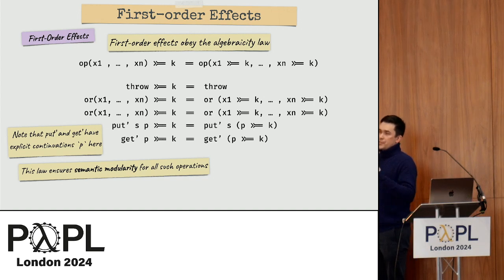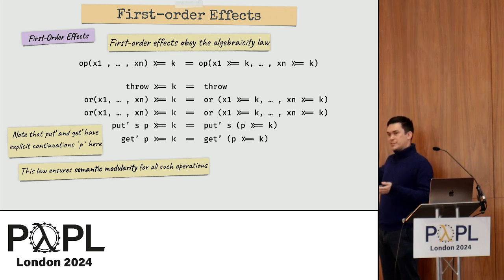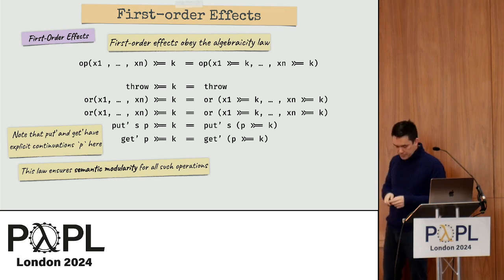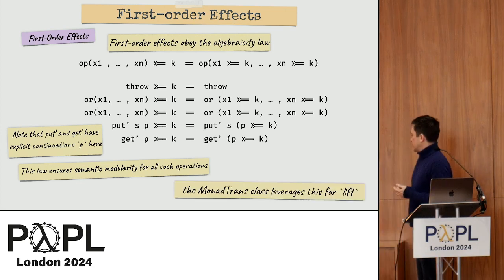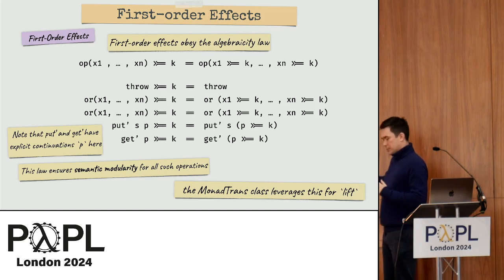And those proofs had to be done sort of handcrafted for each of the operations that were in play. But actually, all of those operations were algebraic, and so those proofs were not needed. They were automatically derivable from this property. Yes, this is how the lift operation works in the monad transformers library.